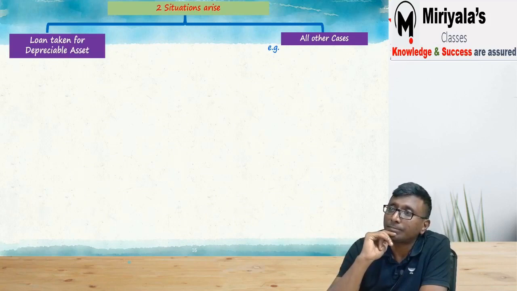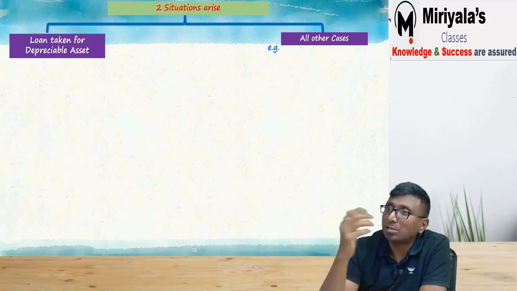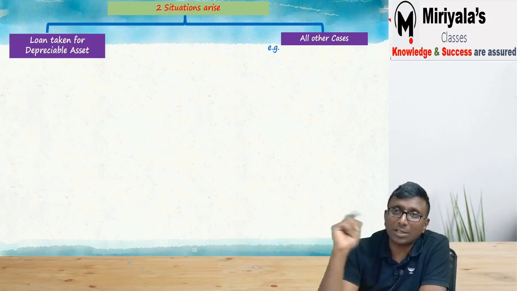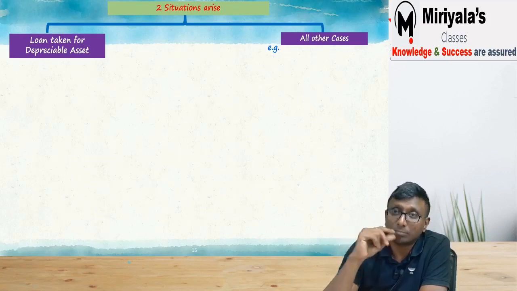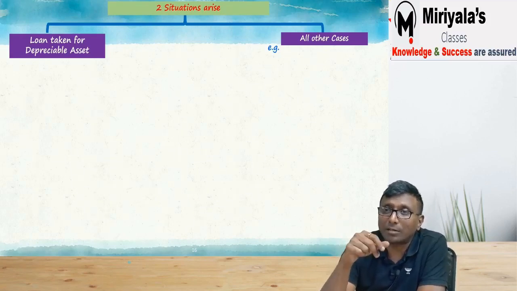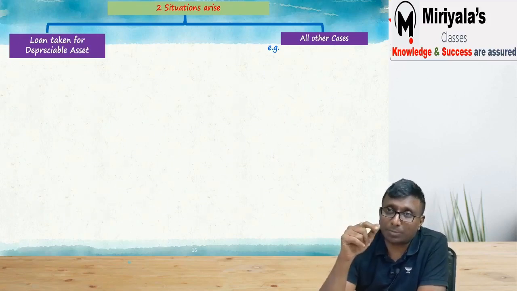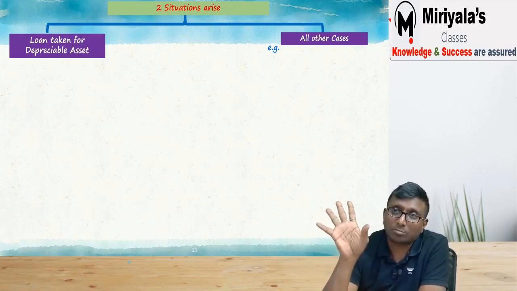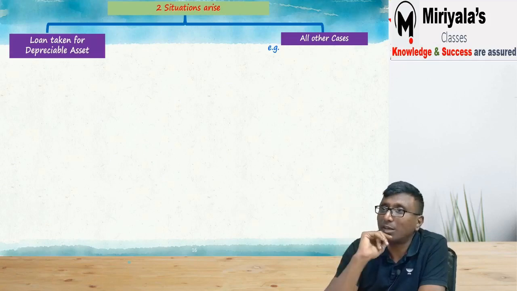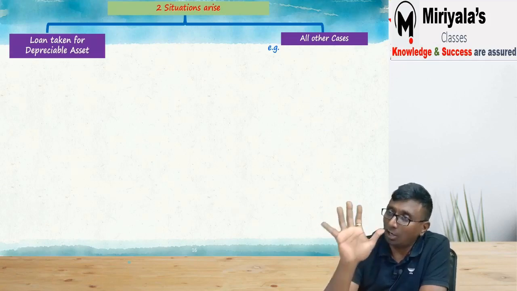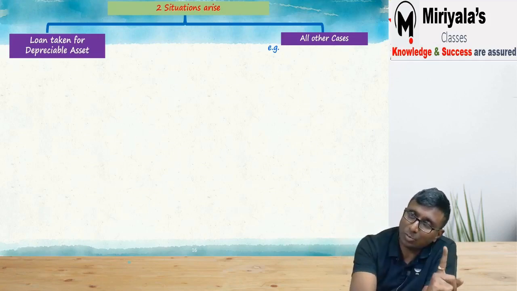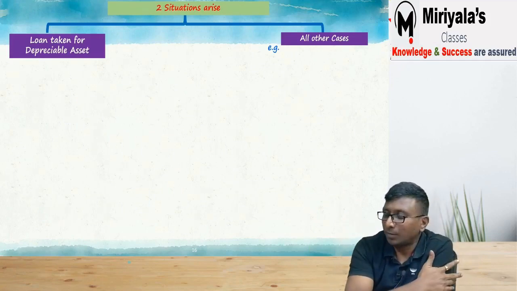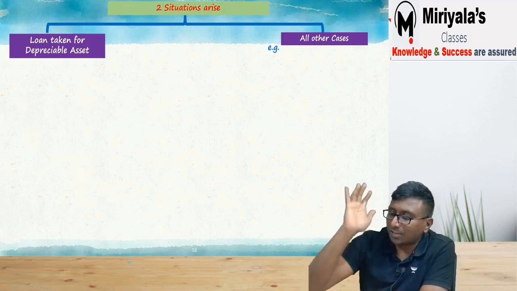Next, loans and advances, that is loan given, an asset. It will come this side. Loan taken for land, loan taken but for any purpose other than a depreciable asset. Understood? Long-term loan, it will come here. Loan taken for a depreciable asset has one style of dealing. All other things have a different style of dealing.